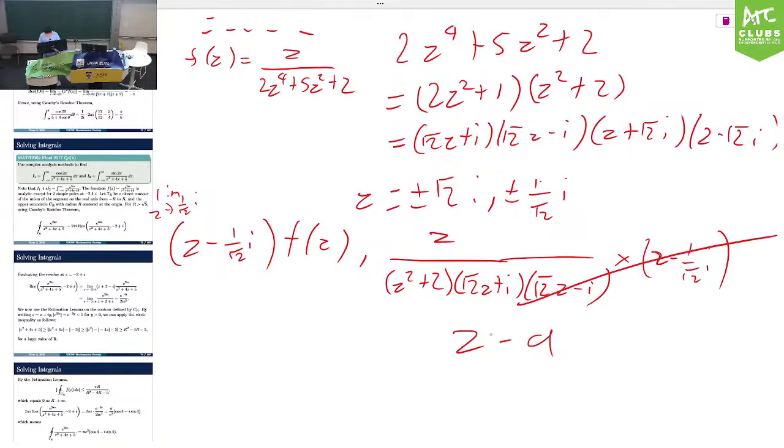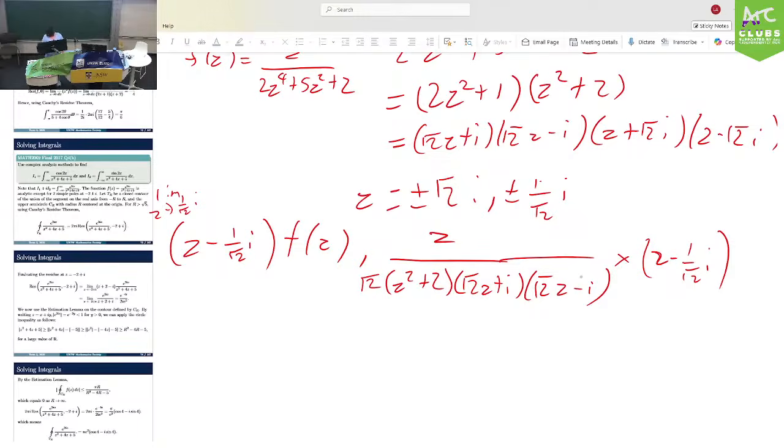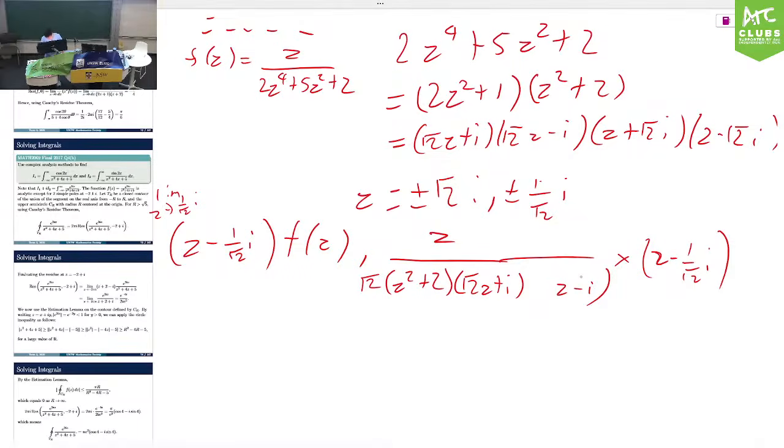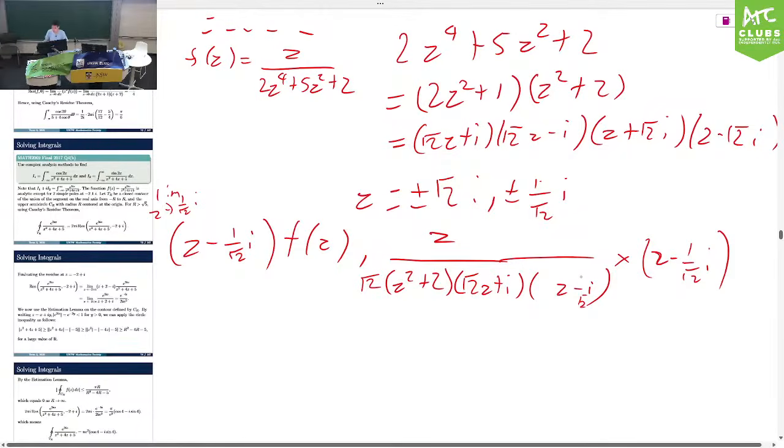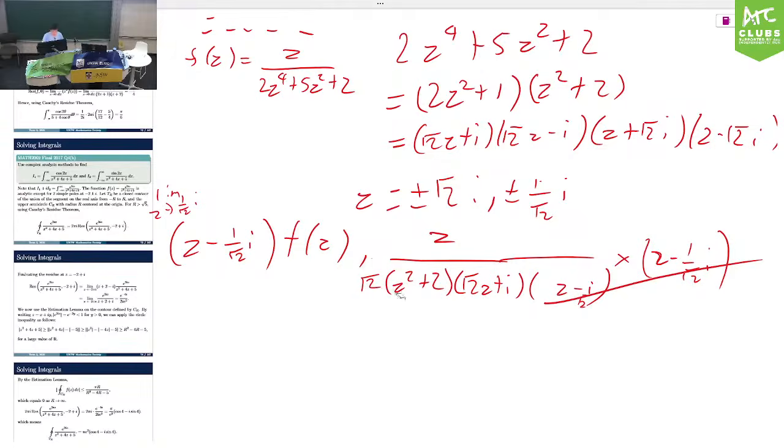So you need to ensure that you first take this root 2 out, so root 2 and then doing something like that. That way you can cleanly take this out. But you see how this root 2 is usually a common mistake for people to just forget about. Once you deal with that though, it's pretty easy.